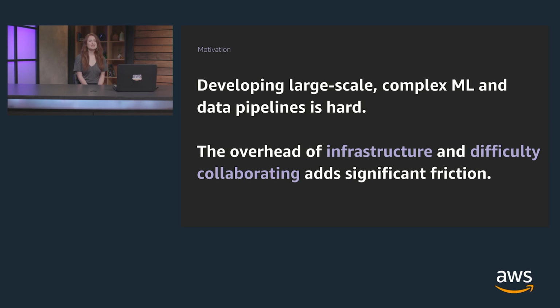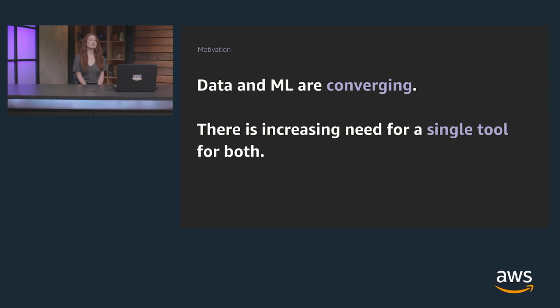But beyond this, actually solving real business use cases is rarely done in isolation. Increasingly, you'll have several really complex pipelines that are all interdependent with one another, which necessitates collaboration and also a clear way to view this complexity and manage it. Beyond this, we've noticed several trends. The first is that in order to be a successful business or product in the modern world, you have to have a good handle on data.